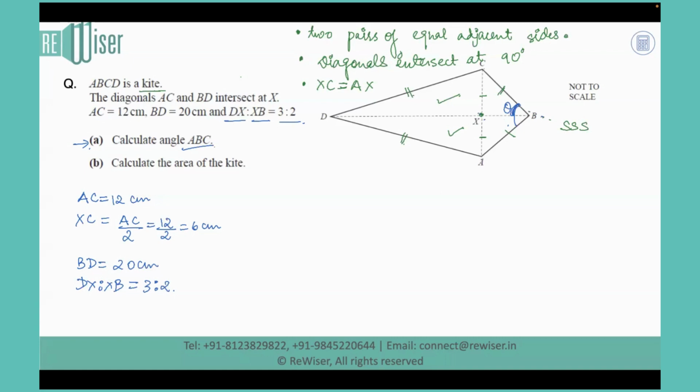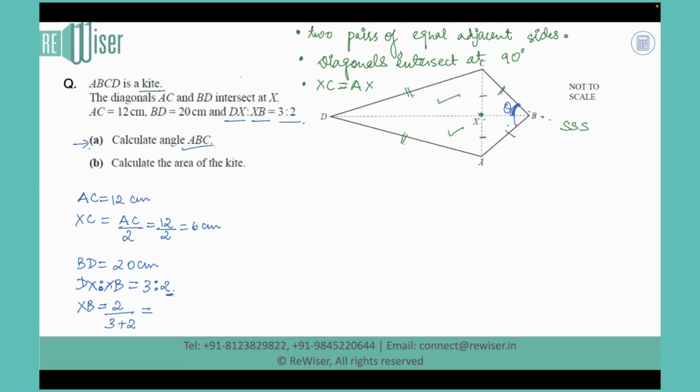And XB we can find using the given ratio of the lengths DX and XB. We can say that the length XB is equal to 2 divided by the sum of the ratio, that is 3 plus 2. We are writing 2 in the numerator because the ratio part for XB is 2.